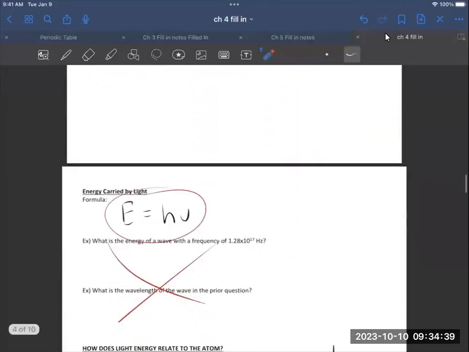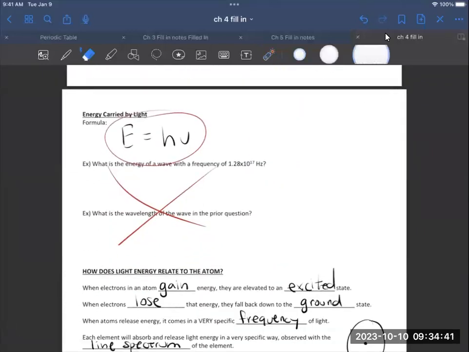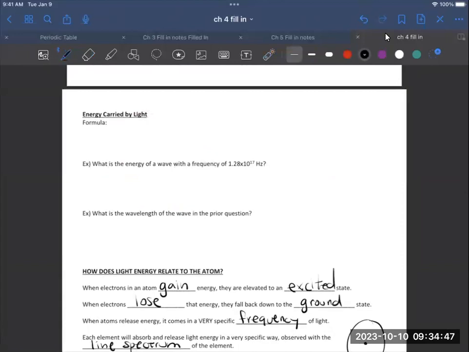In terms of how we calculate how much energy is carried by light, there is a formula for that. The energy carried by a particle of light is E equals h nu. E is the energy in joules. h is Planck's constant.